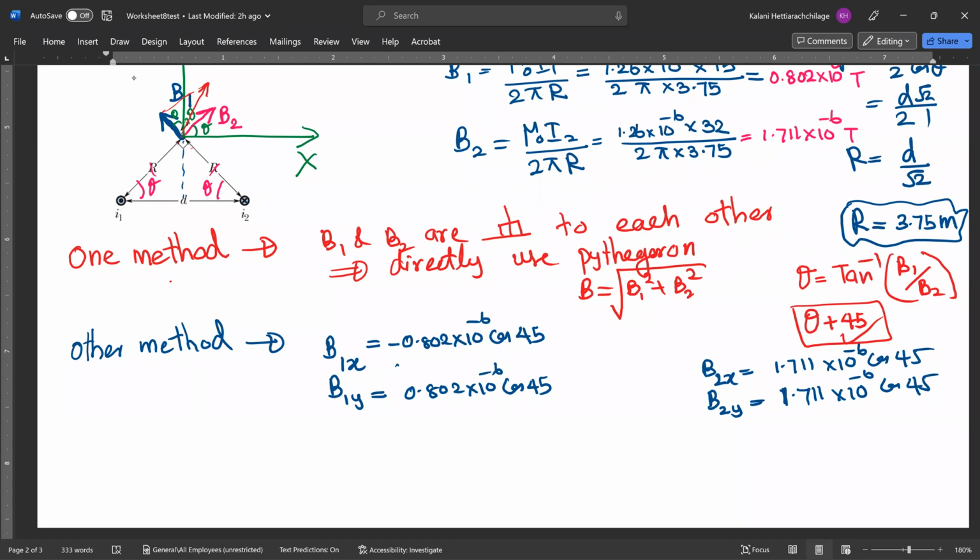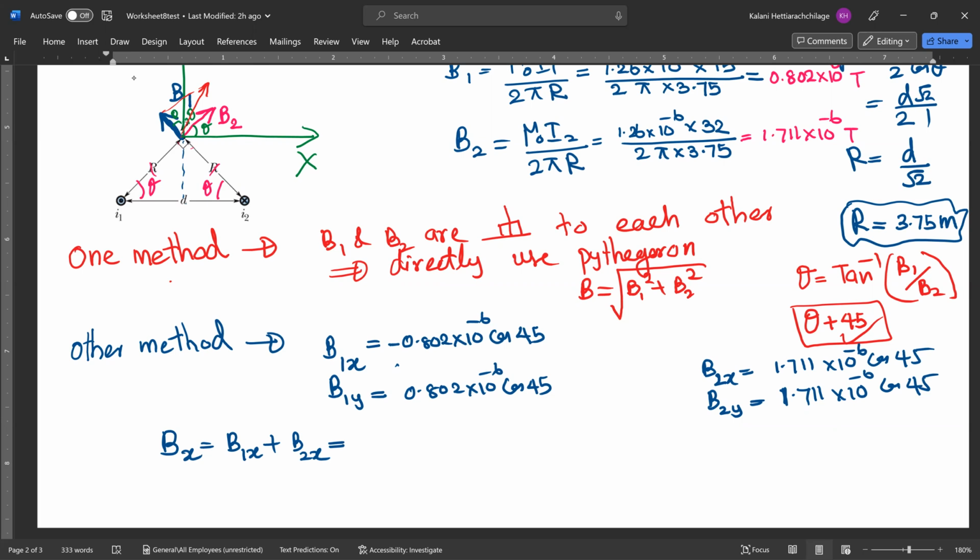So now if I want to calculate Bx, that will be B1x plus B2x. You have the numbers, try to add them together, and you see that your B1x is a negative number.